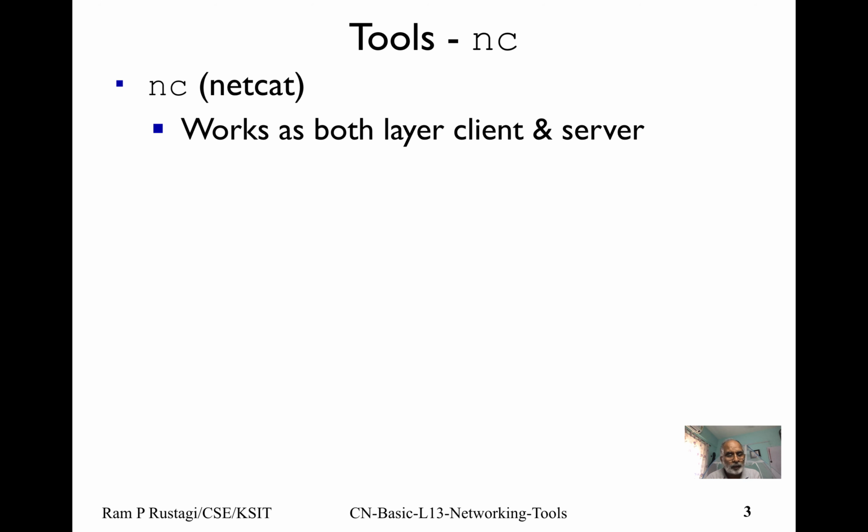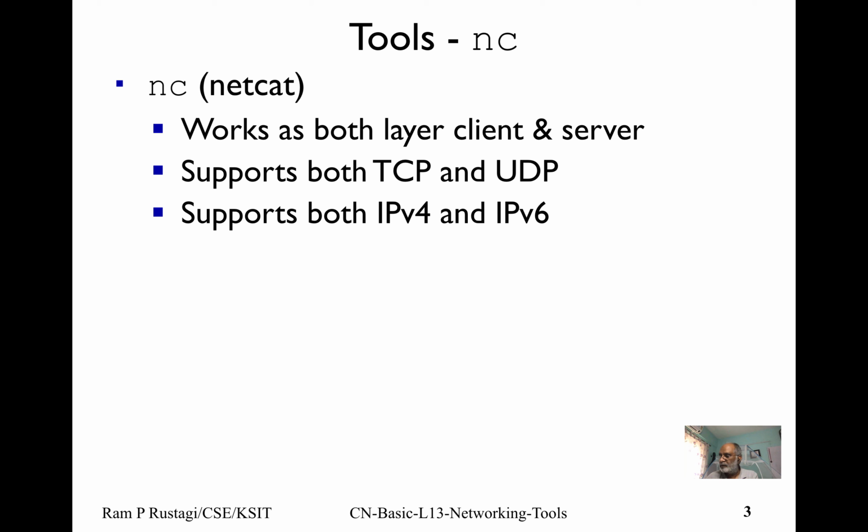That means I can use NC as a client to connect to any server, or I can use NC as a server and any client can talk to me. NC gives me simple transport-level connectivity without any application layer protocol overheads. NC supports both IPv4 and IPv6, but for the moment we'll focus mostly on IPv4, not on IPv6.